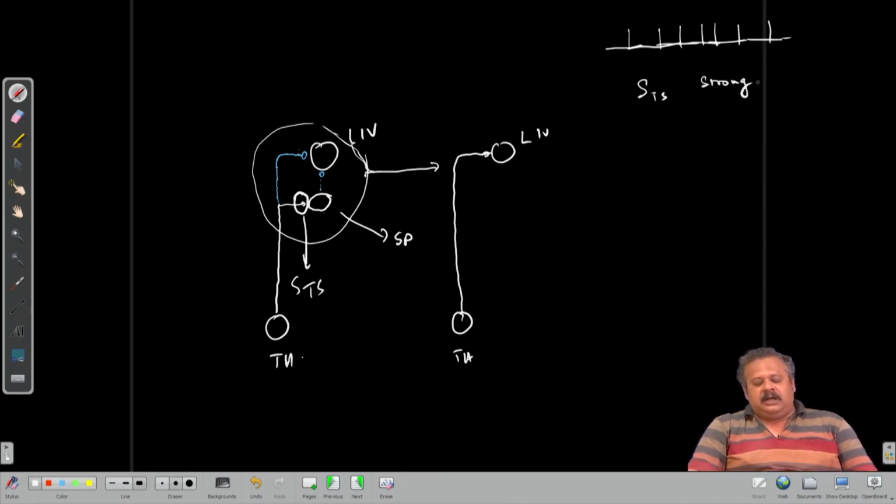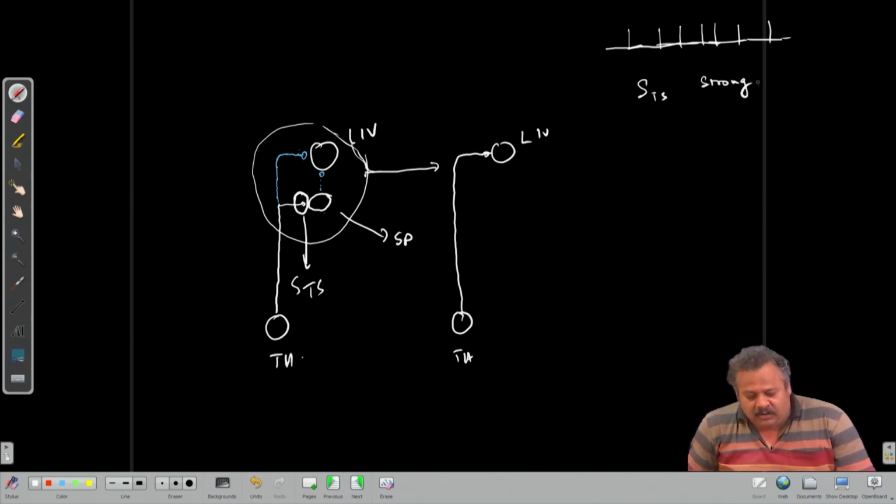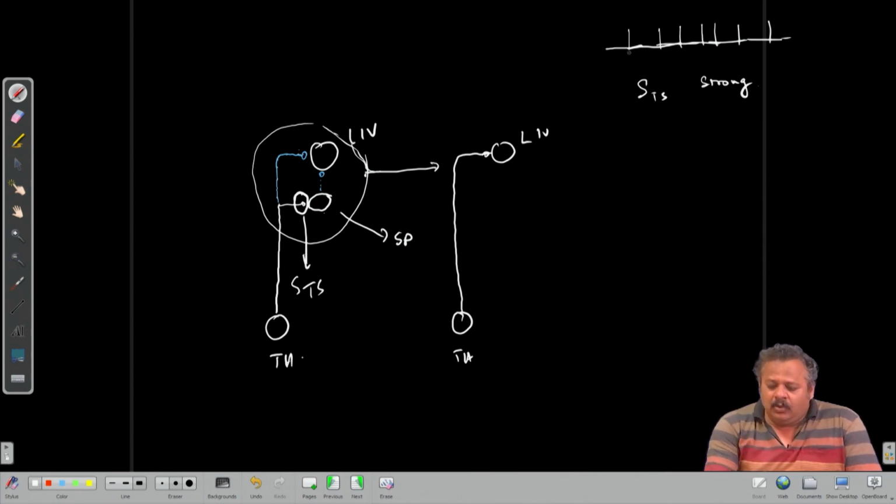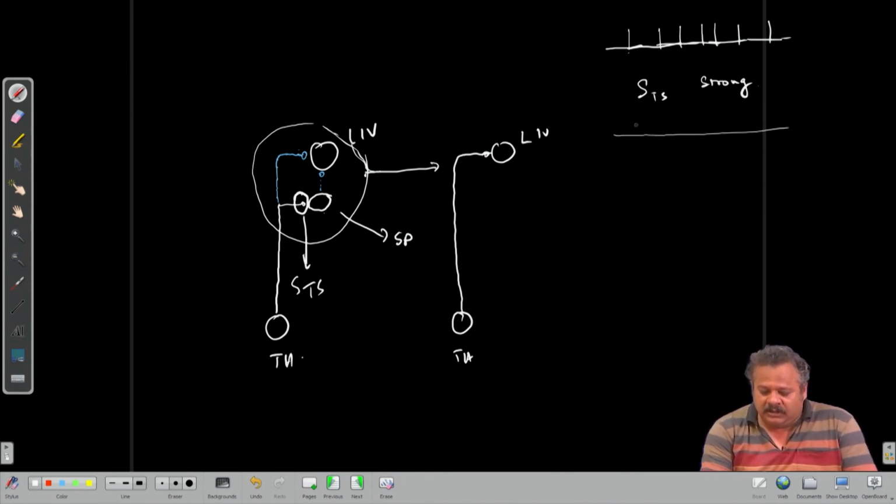That is, this synapse can make the subplate neuron fire action potentials. Whenever there is a spike in the thalamus, because of synapse TS, almost all the time the subplate neuron is also producing action potentials.